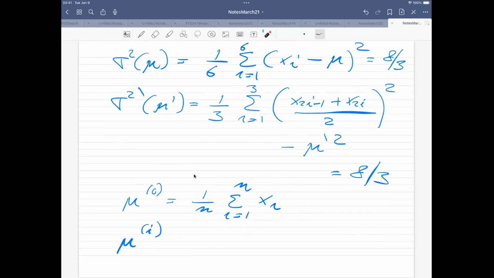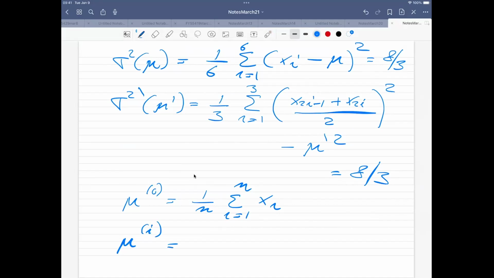So when I evaluate my different quantities, this mu of i is where i represents the number of times we have divided by 2, to the power of i.